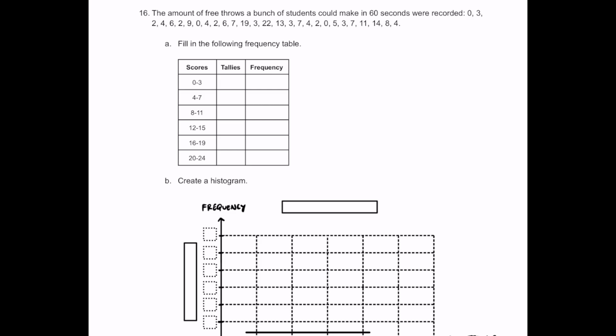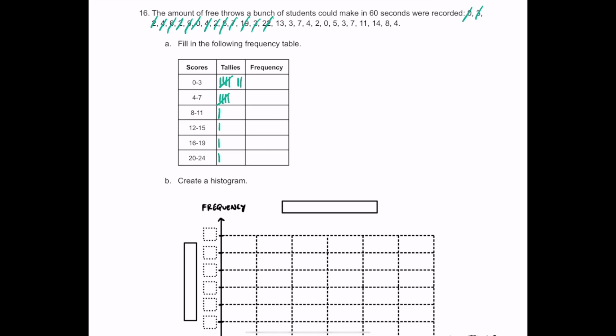Okie dokie. 16. The amount of free throws a bunch of students could make in 60 seconds were recorded. So someone made none. That's probably me. 3, 2, someone got 4, 6, 2, 9, 0, 4, 2, 6, 7, 19, 3, 22.